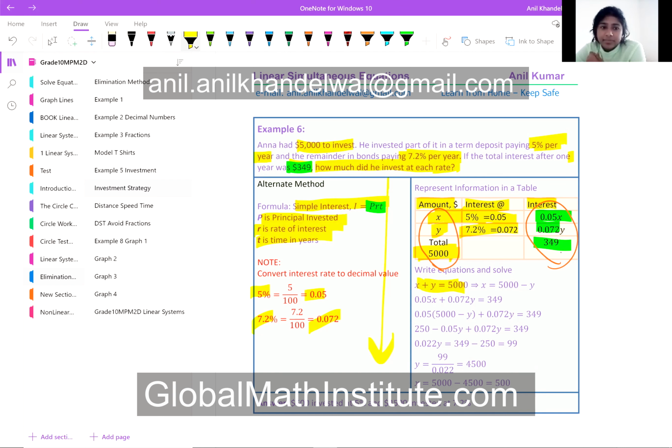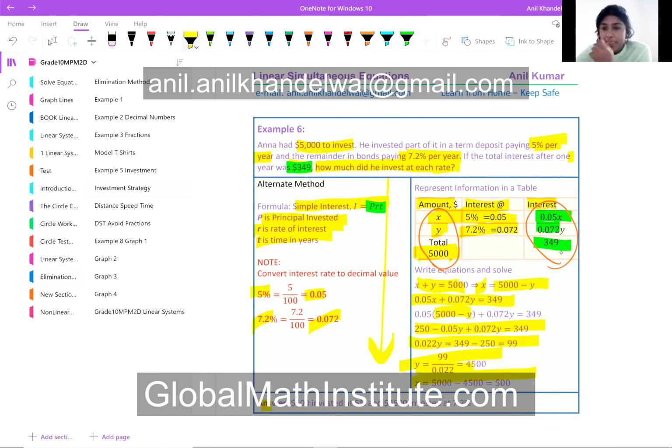So what I did was I decided I will do the substitution method. So let me find X in terms of Y, and we know the other equation has all sorts of decimal numbers. In spite of that, we substituted 5,000 minus Y, and then the calculator is allowed, fortunately. So use your calculator to calculate the answers, and you get your answer definitely. And then write down your answer very clearly.